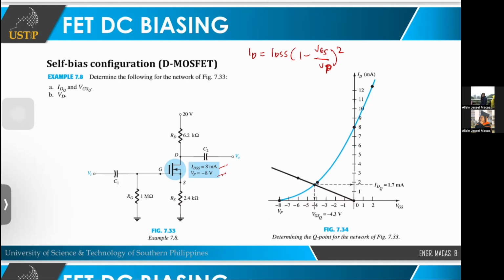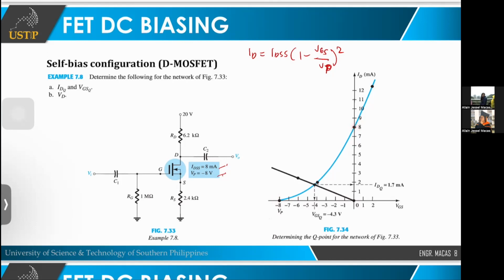What was done here is they took VGS when it is equal to VP, so ID becomes 0, right? If it is pinch off, it is 0. And then, the maximum is 8, when your VGS is equal to 0.